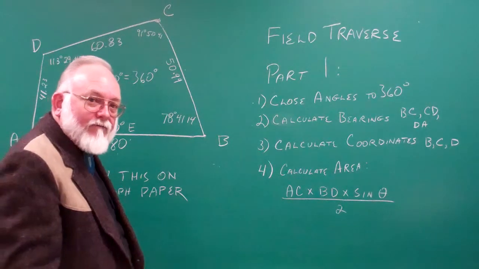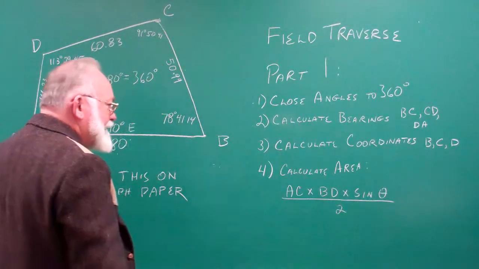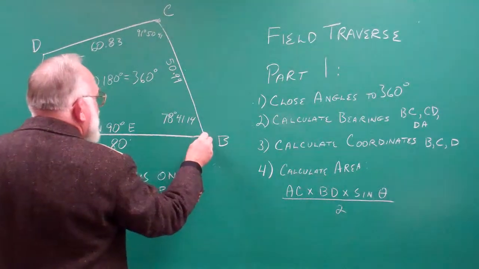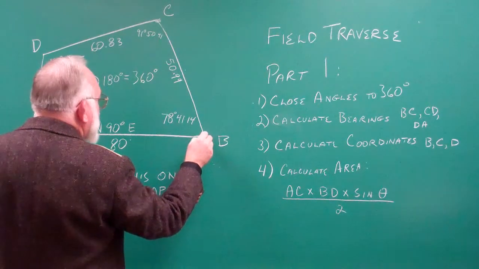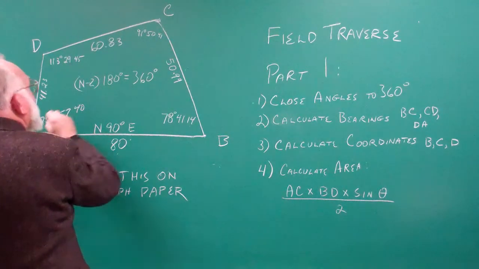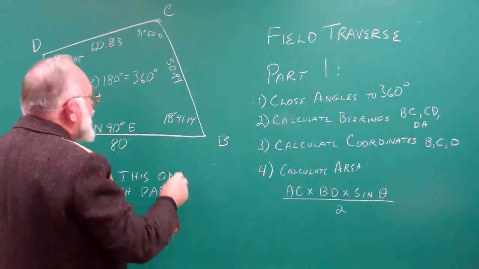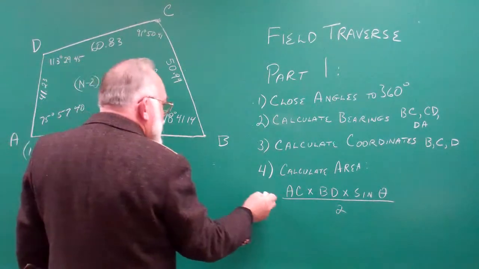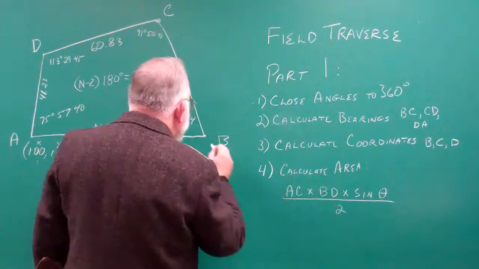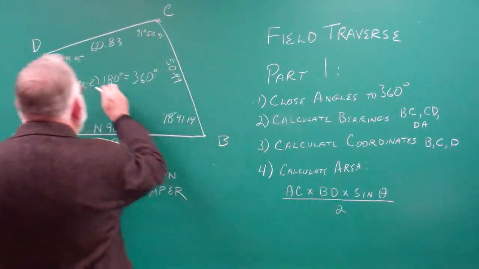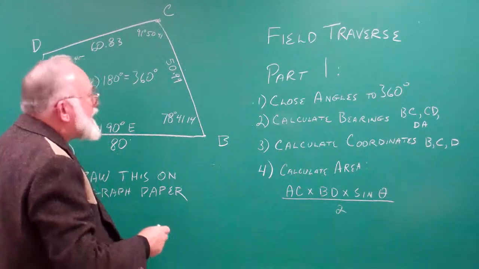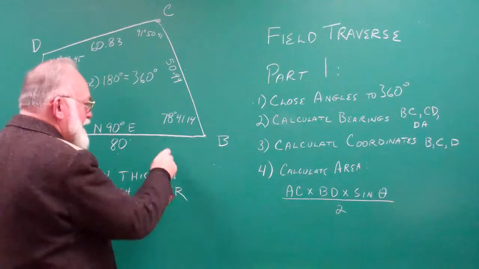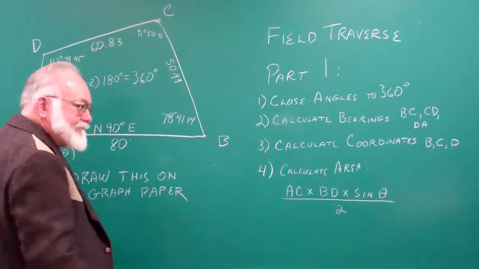And then, because you have all this time on your hands, I want you to calculate the area, as we did in the previous exercise. So calculate the bearing and the distance from B to D and from A to C. Here's the formula: AC times BD times the sine of the intersecting angle, and as we demonstrated the last time, it doesn't matter which of these angles you use because the sine of an angle is equal to the sine of its complement.